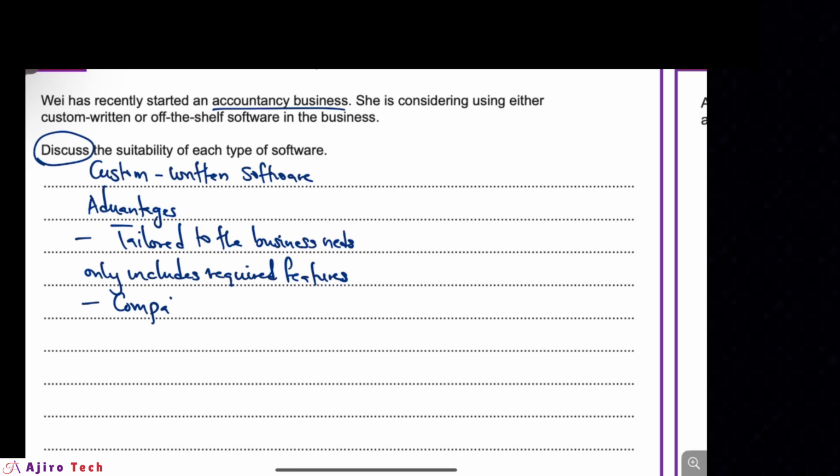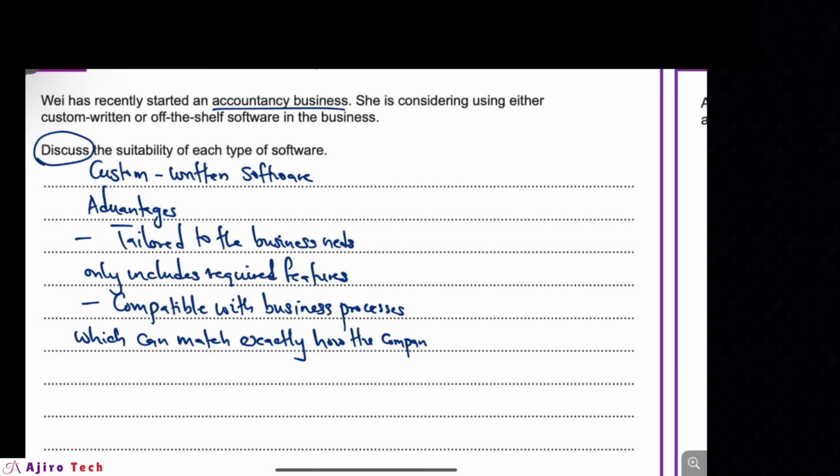Compatible with business processes, which can match exactly how the company works.